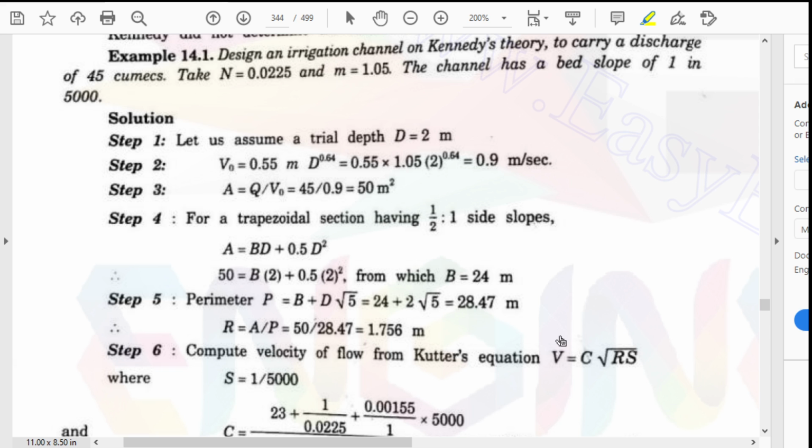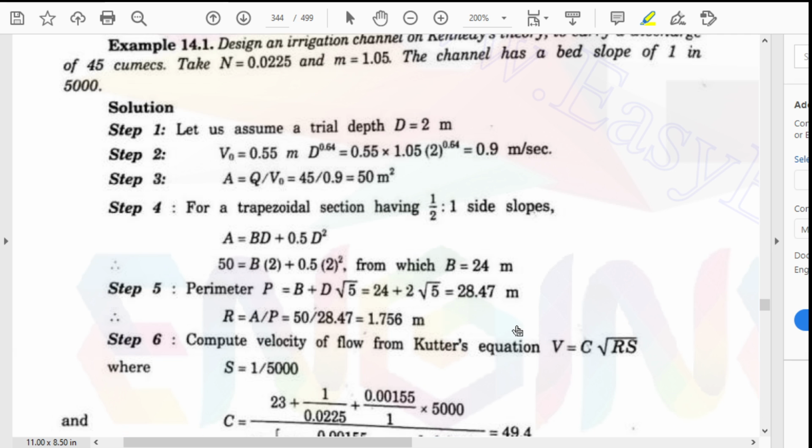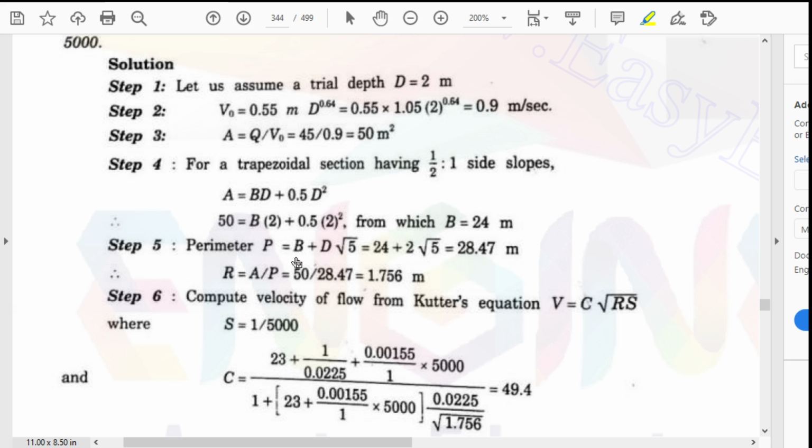So the perimeter: the formula for perimeter is B plus D under root 5. The B value is known, 24. Substitute in the perimeter and you will get 28.47 meters as the perimeter. Now area and perimeter, both quantities, are known. For the hydraulic mean depth, the only requirement is that the area of cross section and the wetted perimeter should be known.